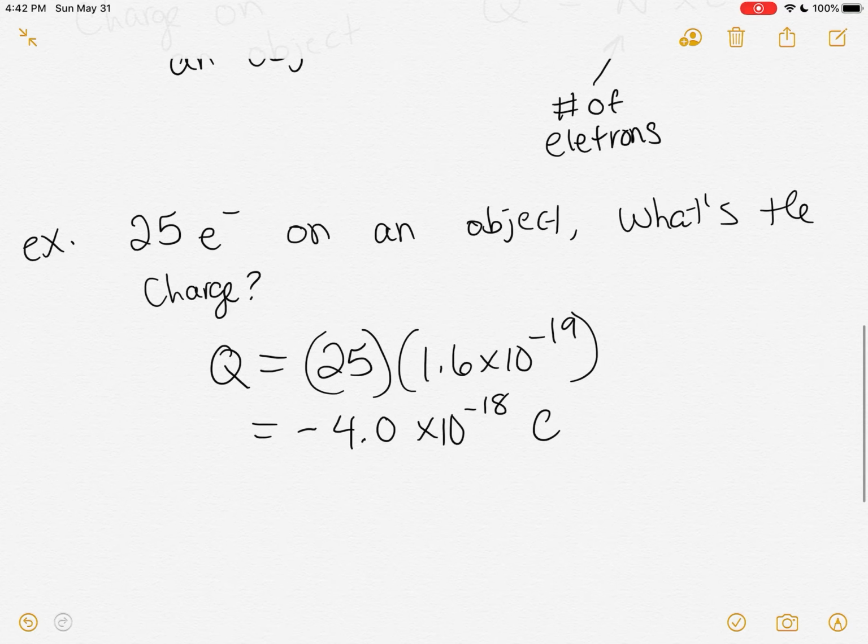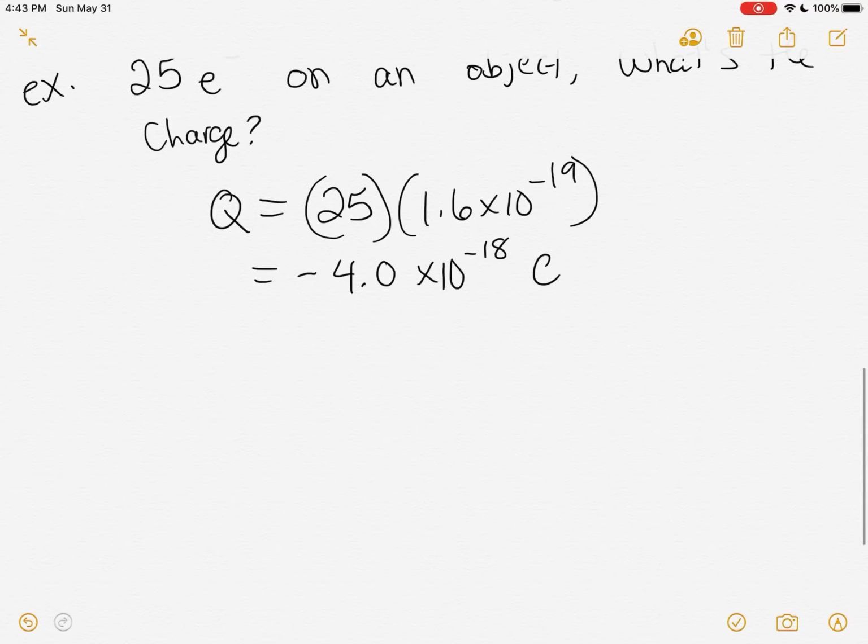All right. So since we're going to be working with the coulomb and we're working with objects that tend to have really small charges, I just want to remind you of our small scales. So if we want to use numbers that are much less than 1, remember that we want to use some of those small scales.